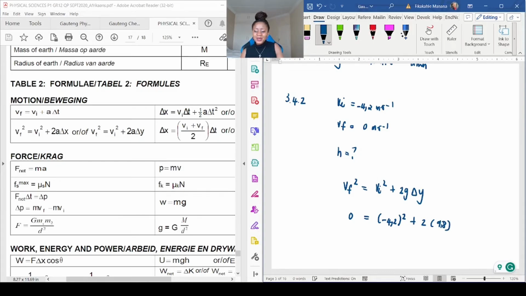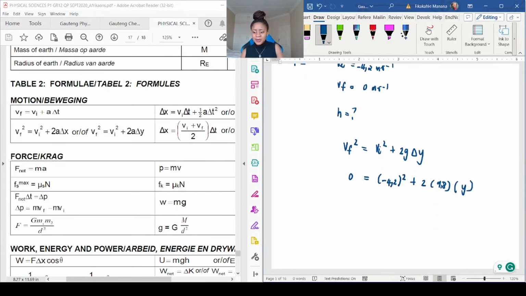And then what happens to this y? This y we're going to calculate. We're going to get a negative because, the way we chose downwards as positive, this thing is going upwards. So we're expecting y to be negative. I'm just putting it out there so that you don't get surprised when we start getting negative answers.